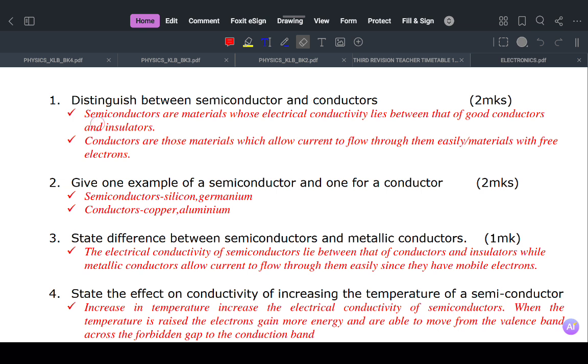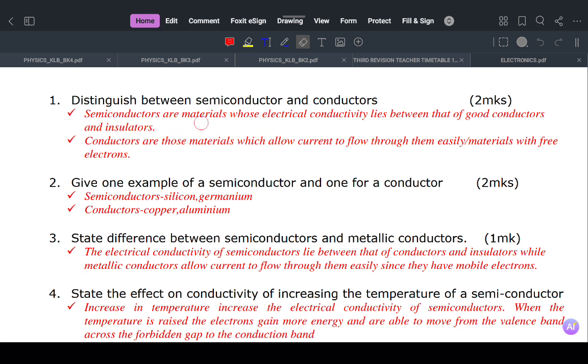Alright, so let's start by looking at semiconductors. What are semiconductors? Semiconductors are defined as materials whose electrical conductivity lies between that of good conductors and insulators. Remember, examples of good conductors are metals, and the insulators include plastics and paper and other materials.